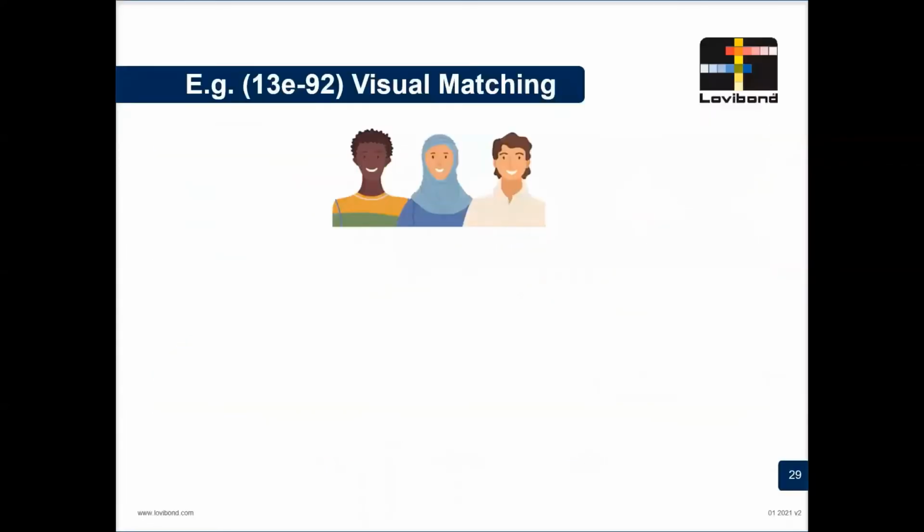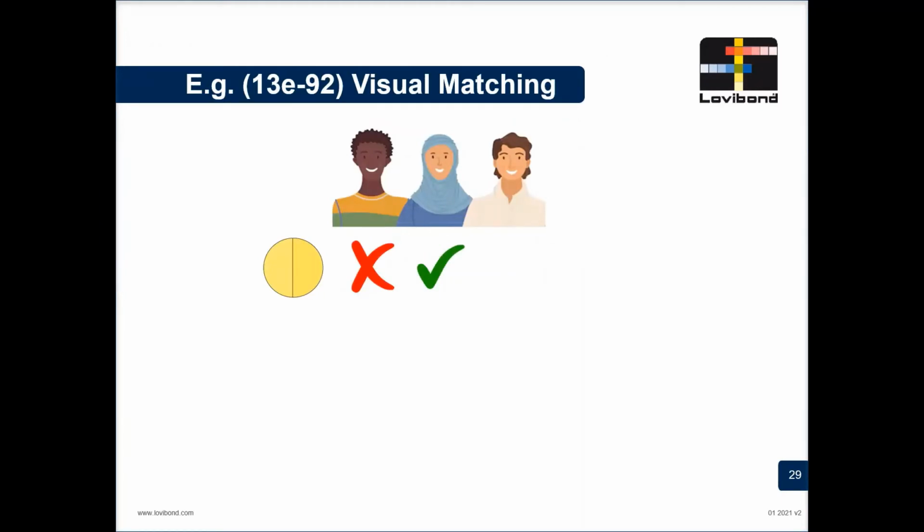So if we're looking at the ASCS standard for visual matching, CC13E92 will state you need to use at least 2 observers for your measurement. So let's look at some colour matching scenarios. Here we might have one person say it's not a match, one person say it's a match.